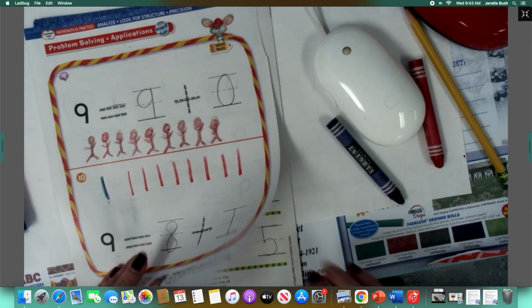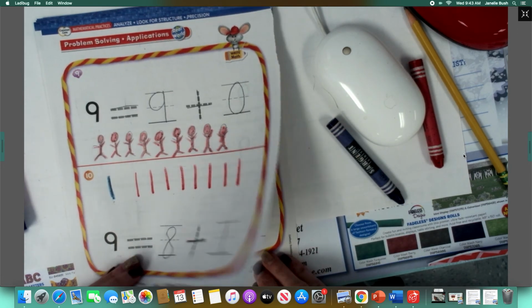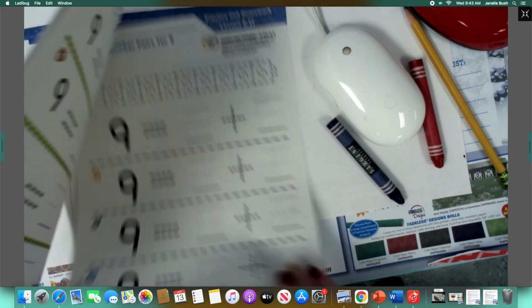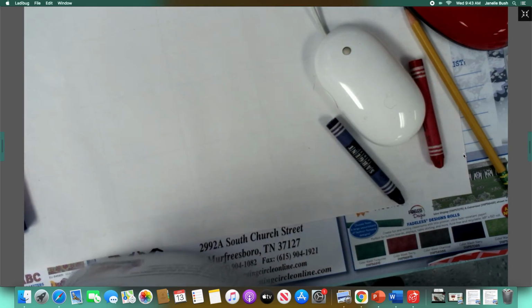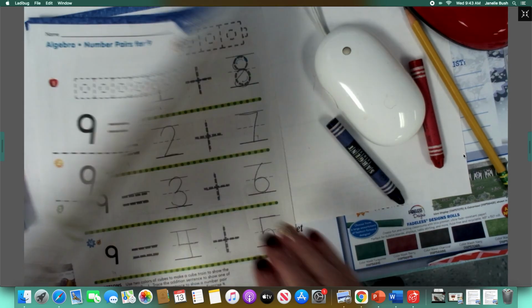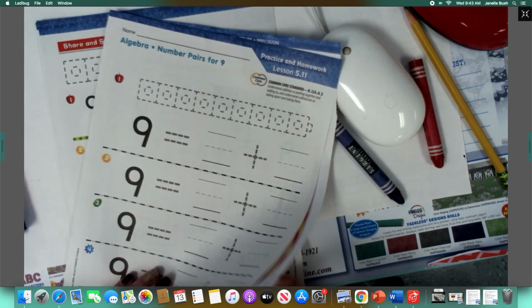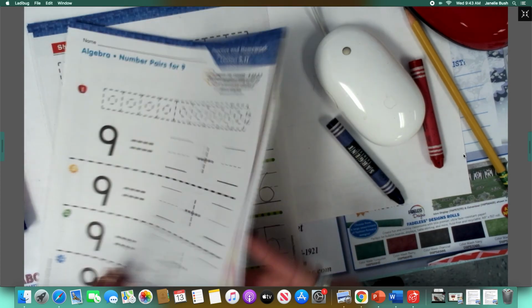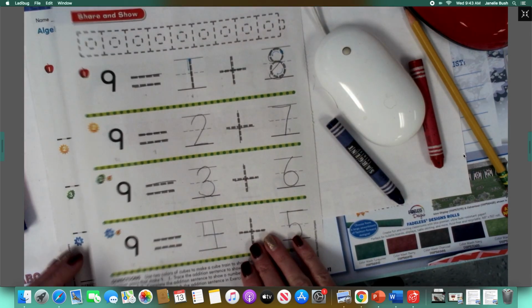All right, now you're going to do your homework page, and you can ask a parent for help on this. You're going to do kind of the same thing. You're going to have number pairs for 9. So you can just do it in a pattern like we did on the first page. Let me find the first page. But I encourage you to use different numbers, just like this, look.